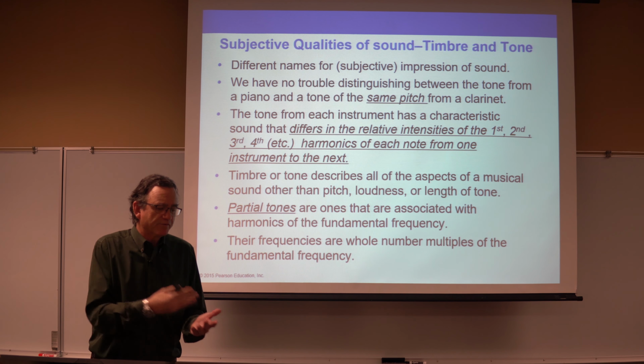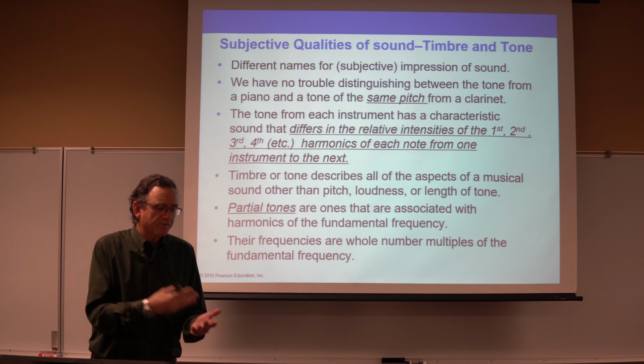Now their frequencies are always whole number multiples of the fundamental, and that's what uniquely characterizes them by their partial tones. So the quality of a tone is determined, as we said, by the presence and relative intensities of the various harmonics, which are called partials.